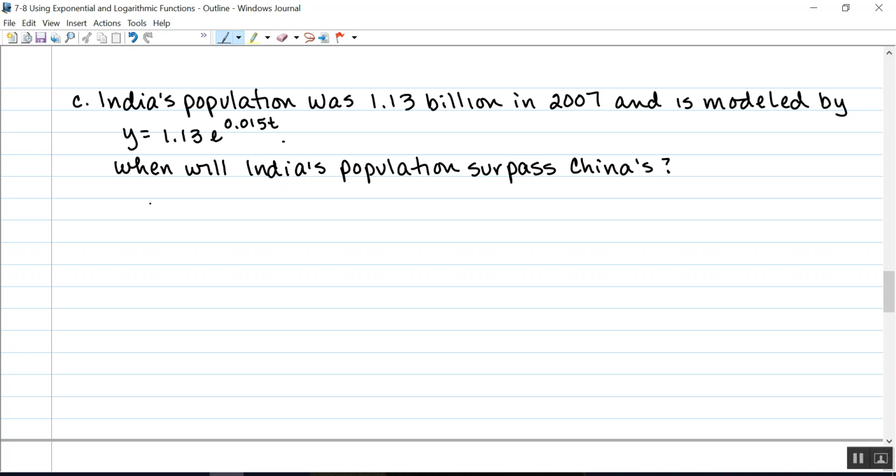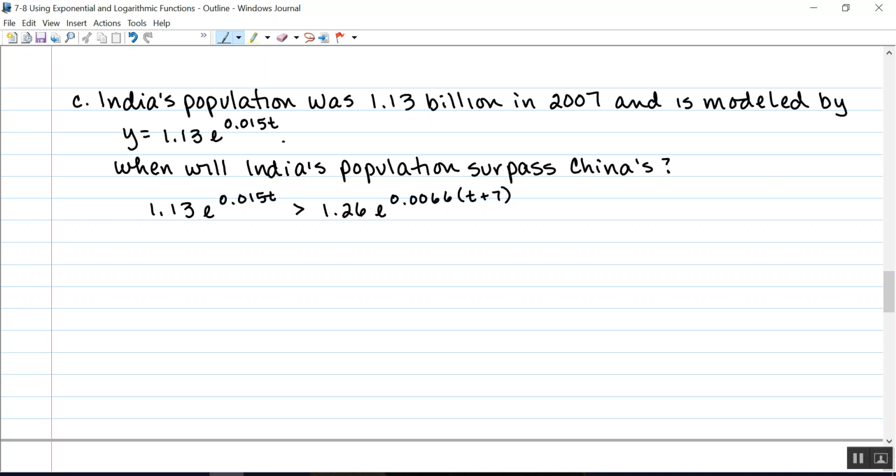So that gives us the inequality, 1.13 times e to the 0.015 t has to be greater than the growth equation that we had for China, 1.26 times e to the 0.0066. And we're looking at 2007. Our original equation was for China's population in the year 2000, so I need to do t plus 7 because we're looking at 7 years after the year 2000.